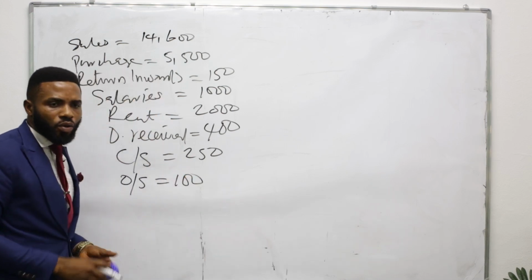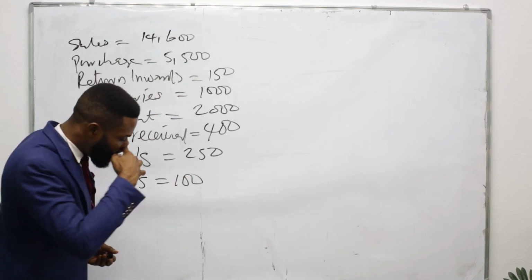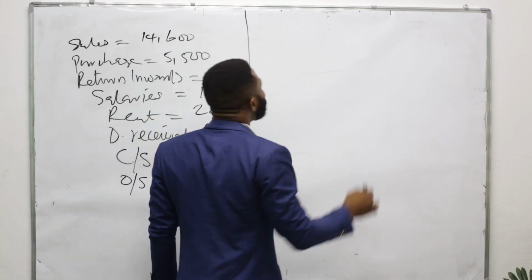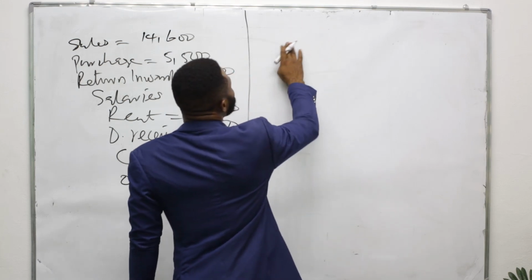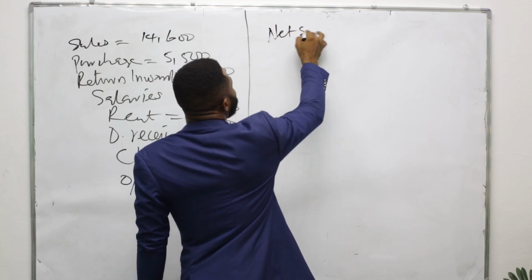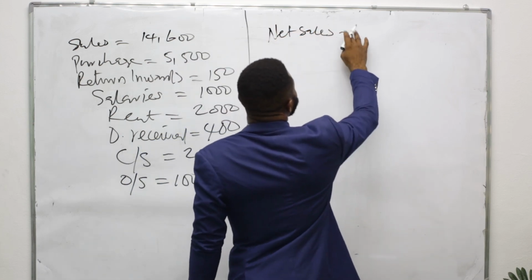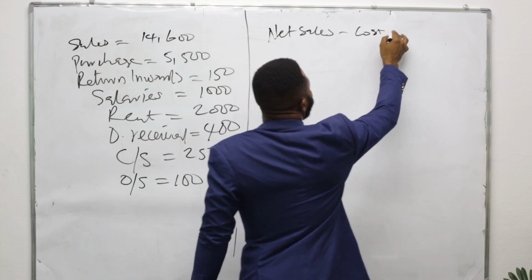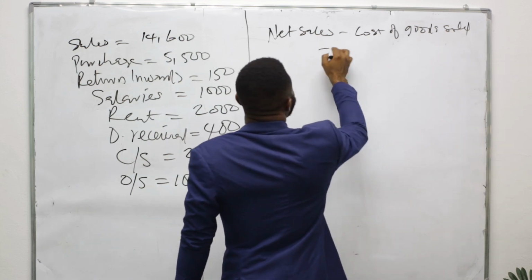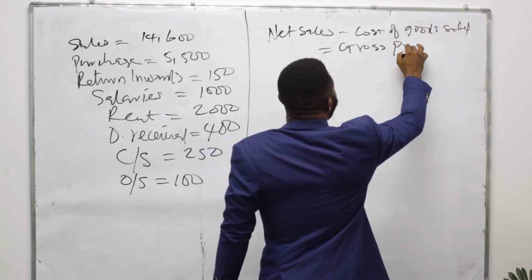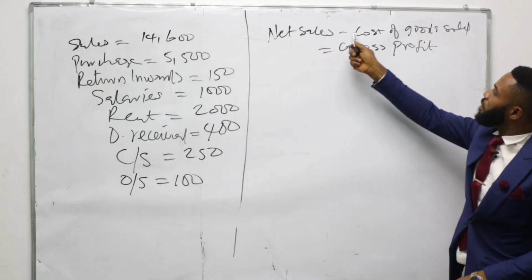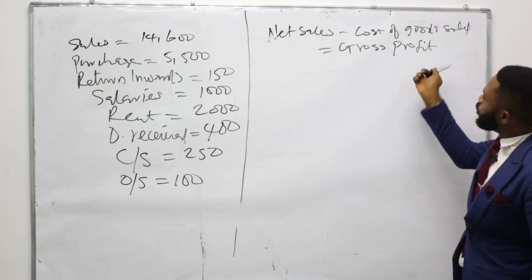And then they ask you the cost of goods sold. Now, cost of goods sold, from what we have done so far, we are going to use a formula here. We have what we call net sales minus cost of goods sold is equal to your gross profit.